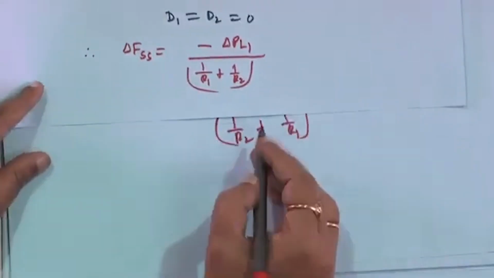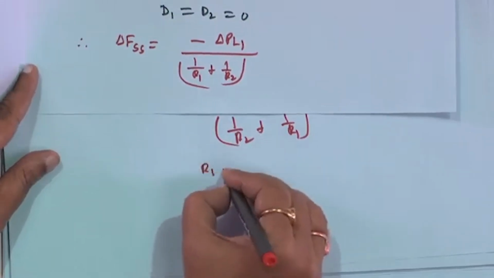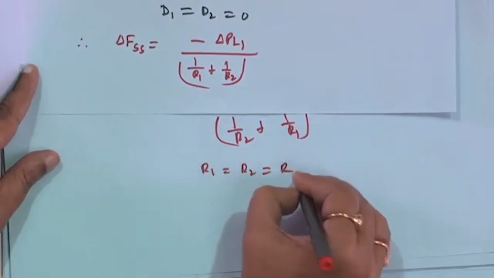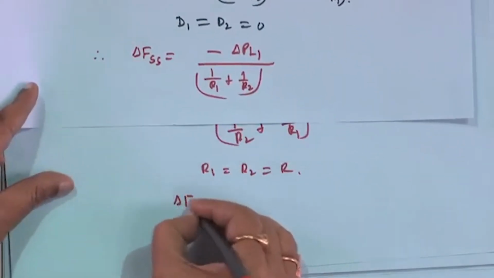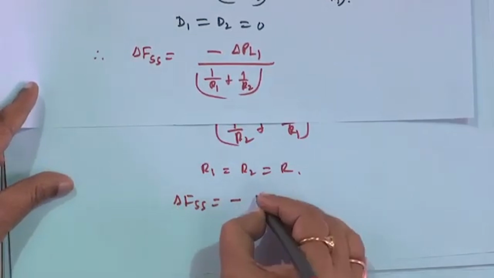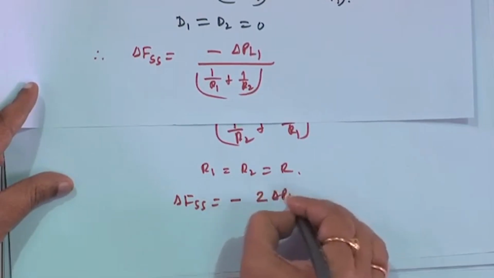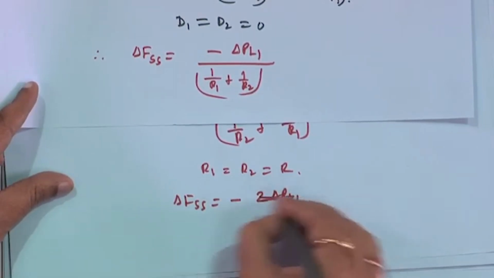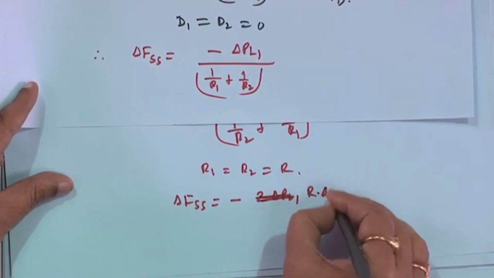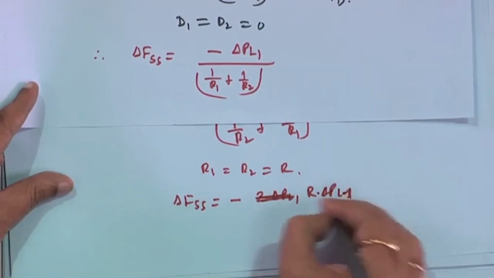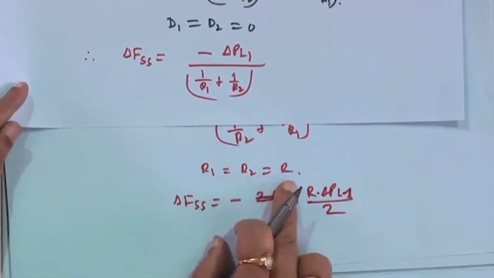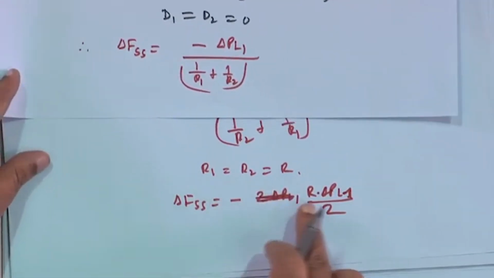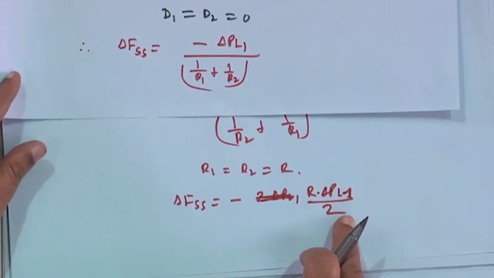So, if you take R1 is equal to R2 is equal to R, the same value, then delta F steady state will become minus 2 delta PL1 divided by 2 R, so it will be minus R into delta PL1 upon 2.